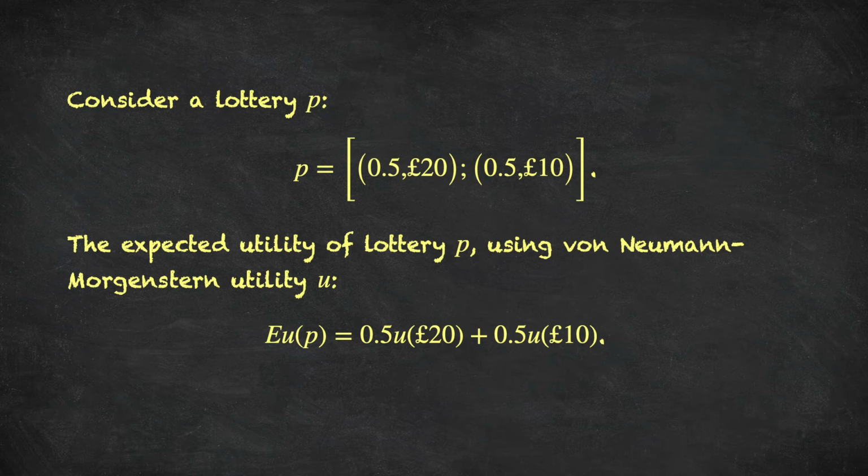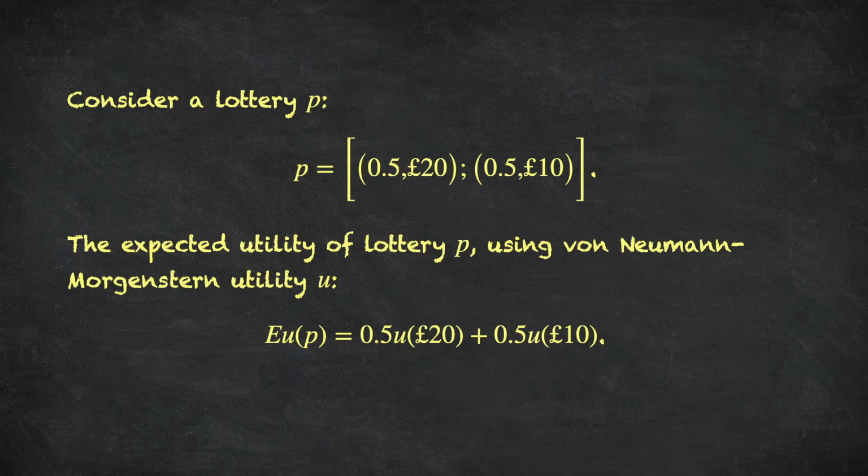To give a simple example of how expected utility works, consider a lottery P, which is a coin toss, a 50-50 chance of £20 or £10. So probability 0.5 is assigned to the outcome £20 and probability 0.5 is assigned to the outcome £10.